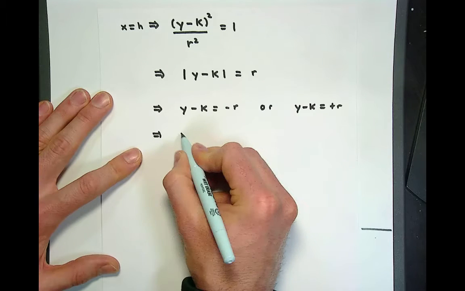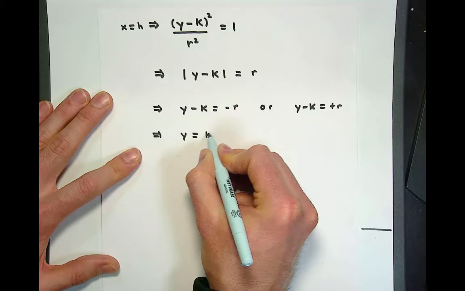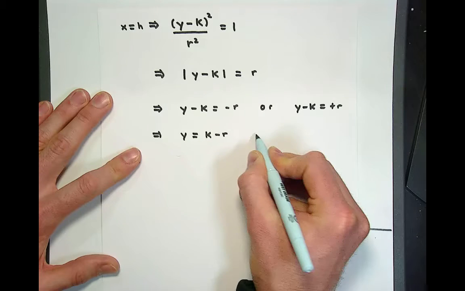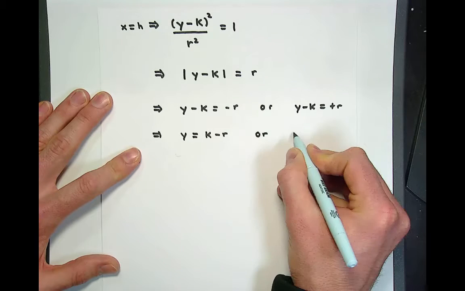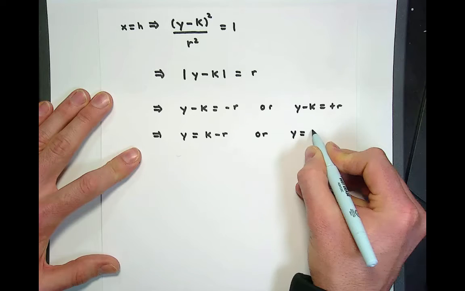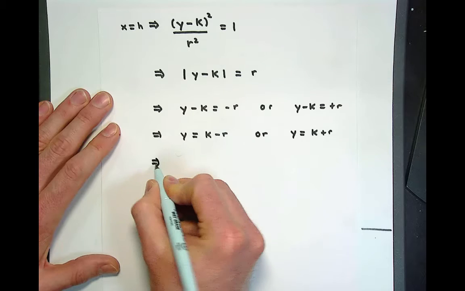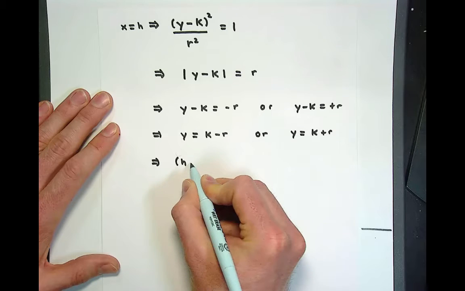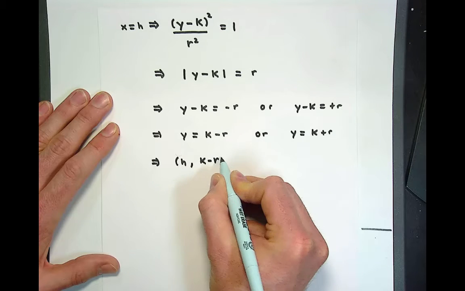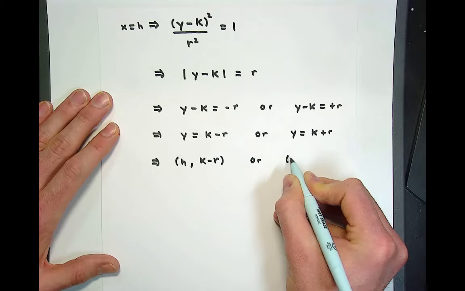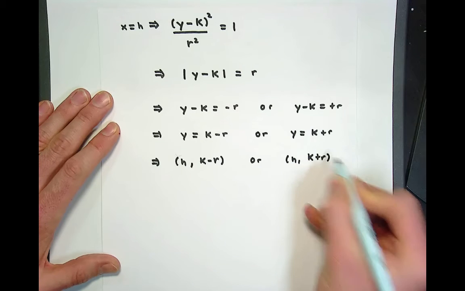And this would correlate with 2 points. We go to the center point k and we go r units down along that vertical line, or we go to the center point in the y coordinate k and we go r units up, and both of these points would then be (h, k minus r) on the bottom side, or (h, k plus r) on the top side.